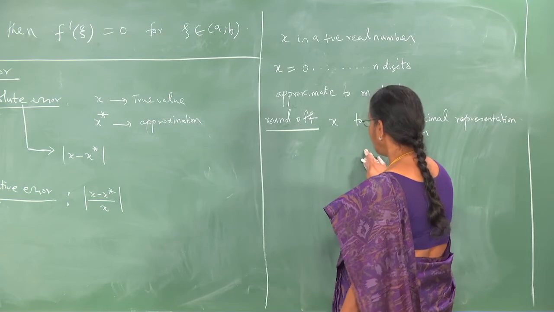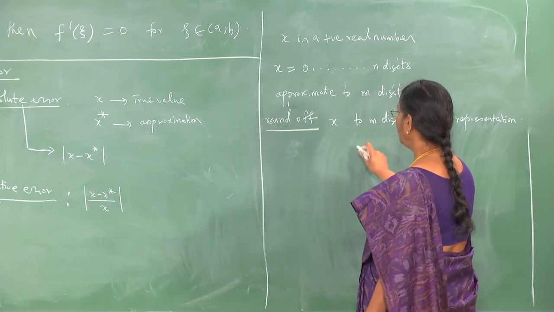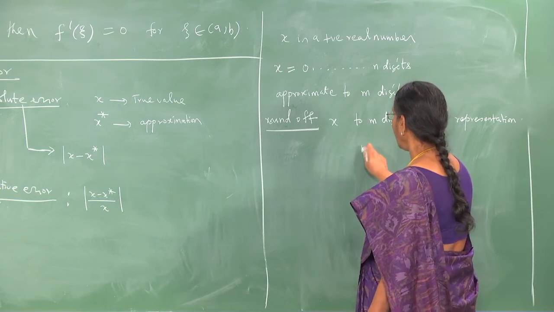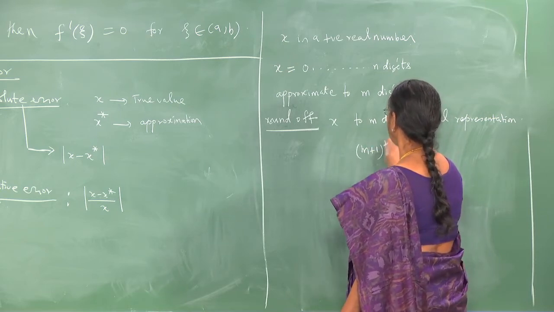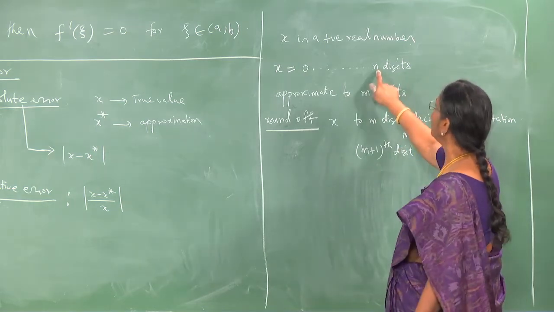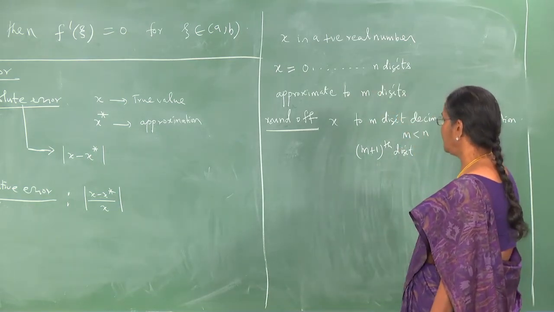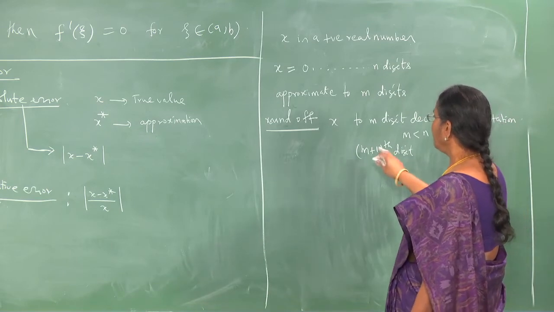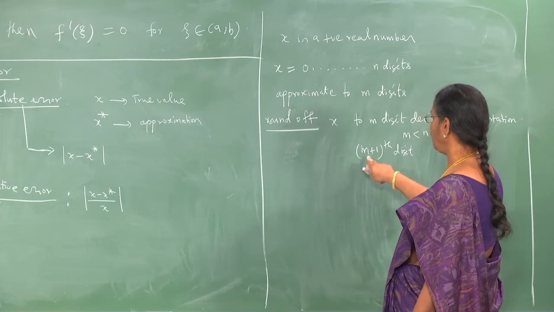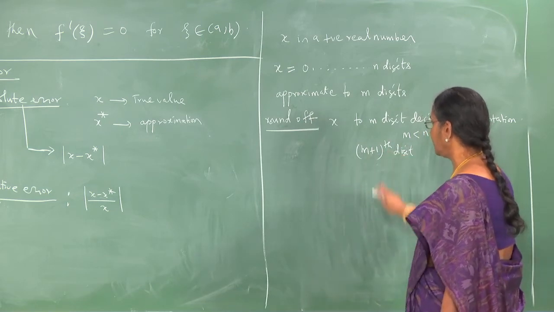So, given this x, I would look at x and see what is the m plus 1th digit in that representation, which is given in the form of n digit representation. So, my rounding off of that number depends on what the value of the m plus 1th digit is.